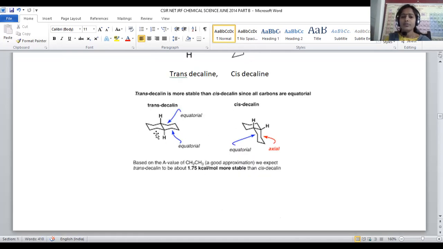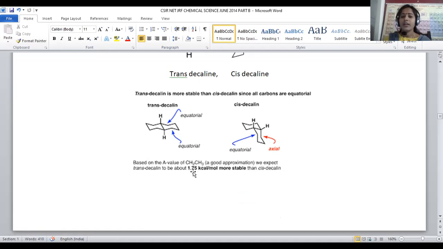Here you can clearly see this carbon is equatorial, this carbon is also equatorial. But in the cis isomer, this carbon is equatorial, but this carbon is axial. This is the axial carbon, and here you can clearly see that we expect trans-decalin to be more stable by an energy difference of 1.75 kilocalories.